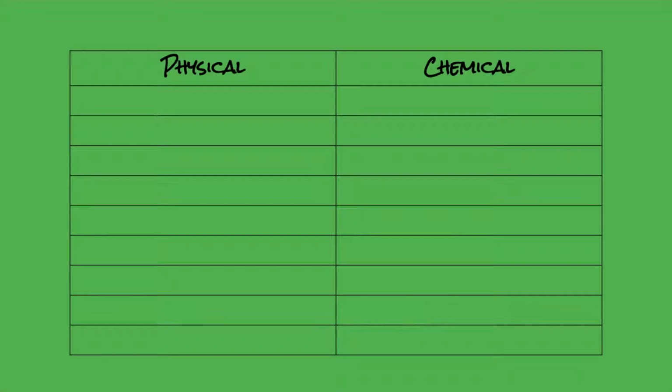Now, you're going to decide where on this chart the next few images belong, either on the physical change side or the chemical change or chemical reaction side. Make sure that your writing is clear and legible, and make sure that you list each photo on either side of the chart that you think it belongs.